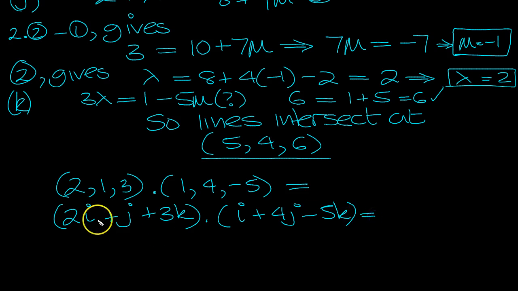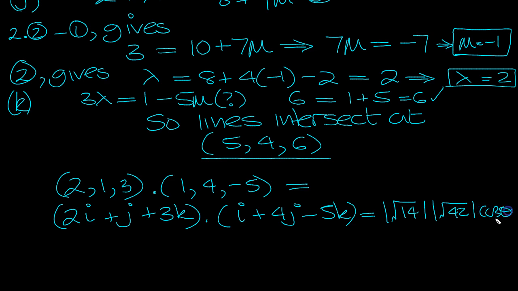is equal to the modulus of this, which is use Pythag, square this, square this, square this, and add them, and then square root the total. 4, 1, and 9 is 14. So that's root 14. This one, 1, 16, and 25, 42. Square root 42.